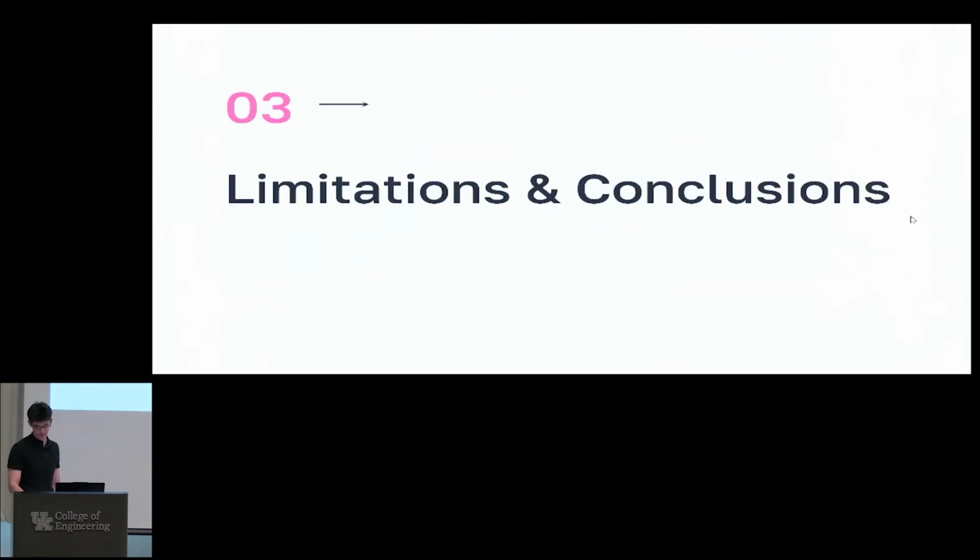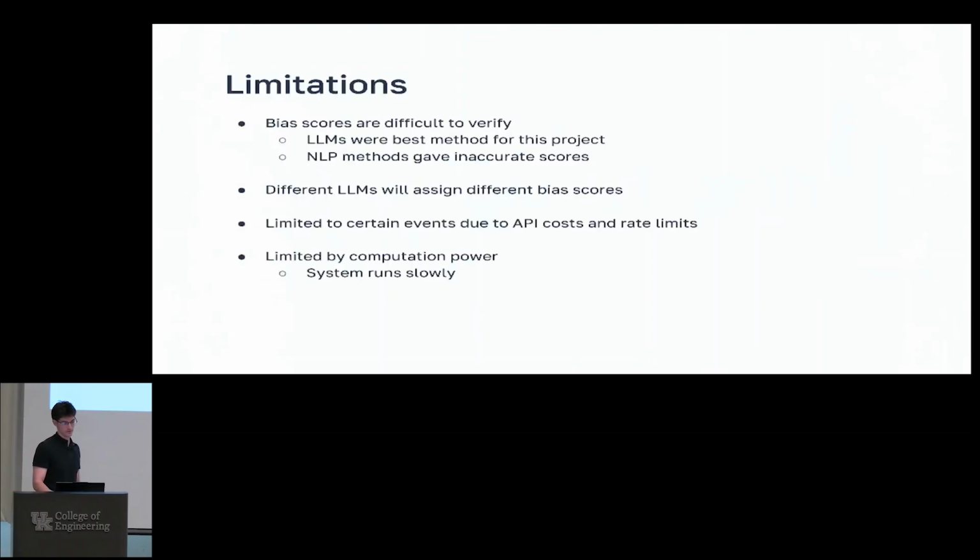Now we can talk about some limitations and conclusions. Bias scores are fairly difficult to verify, and the LLMs were the best way for me to get bias scores. The NLP methods give inaccurate scores, and they're susceptible to keywords, so you can't trust those too well. I don't have a team of experts that can analyze a large amount of documents and assign bias scores.